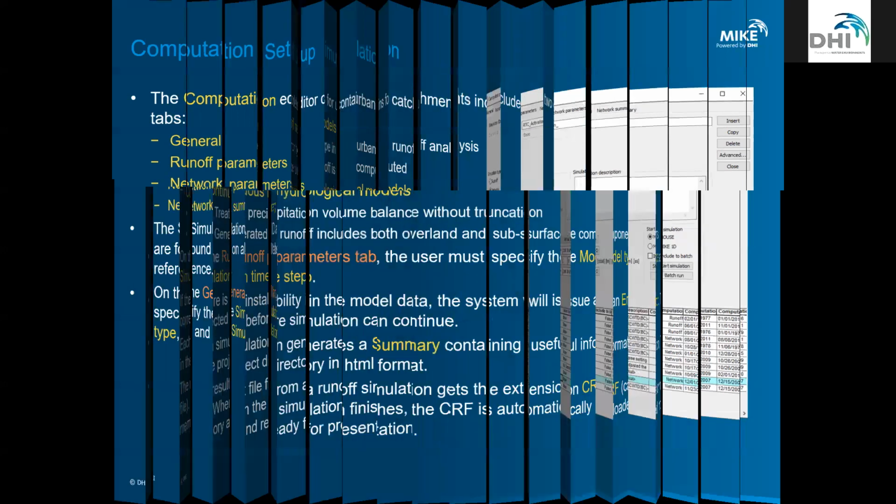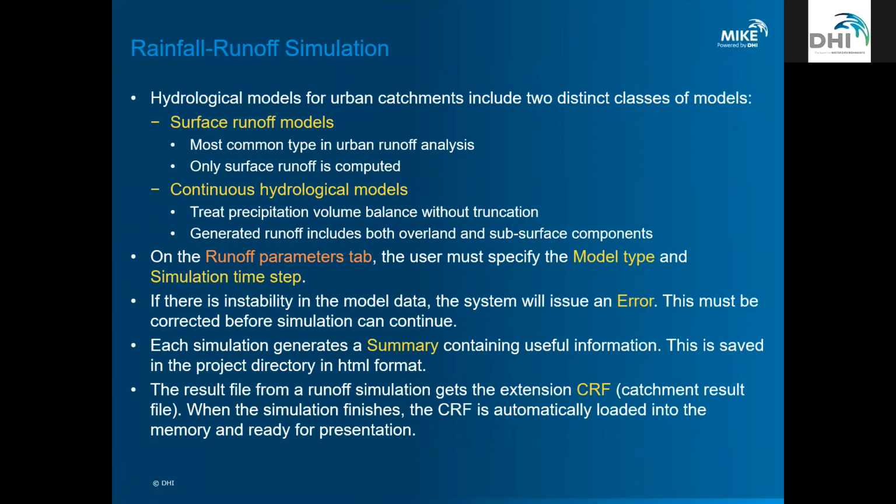Okay. For the hydrological rainfall runoff models, you need to decide which type you're going to run. So there are 2 distinct classes. You have the surface runoff model, which is the most common type, but only surface runoff is computed in those. Or you have a continuous hydrological model where the precipitation balance is not truncated, and it's running a continuous model.